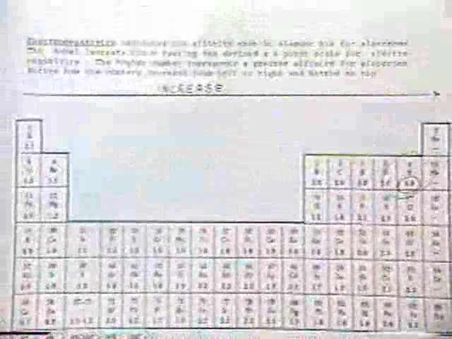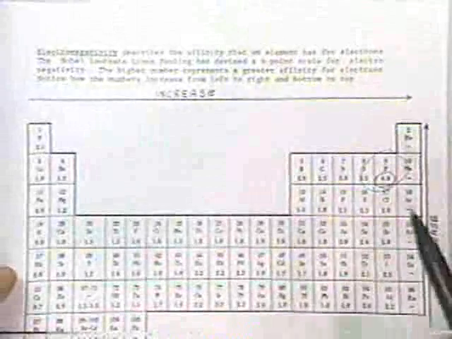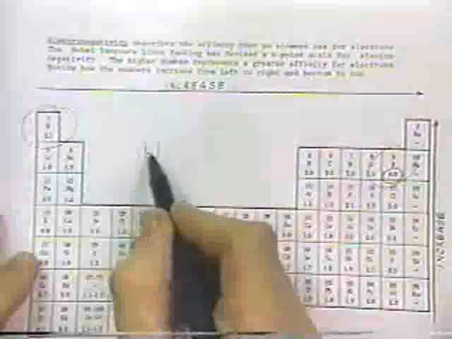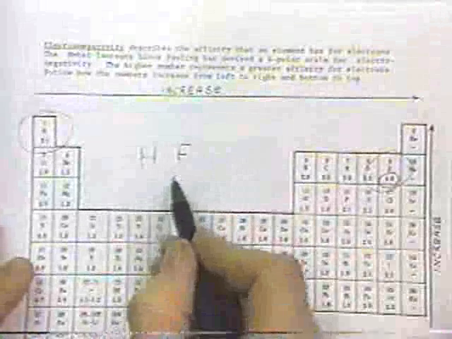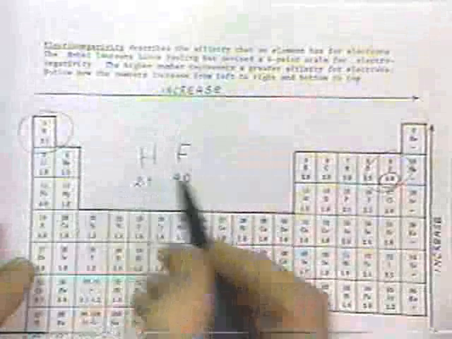You can think of electronegativity as the strength with which an element will grab onto an electron. So if, for example, we have a battle or a combination of, let's say, hydrogen and fluorine, you can see that the fluorine has an electronegativity of 4.0 and the hydrogen is 2.1.